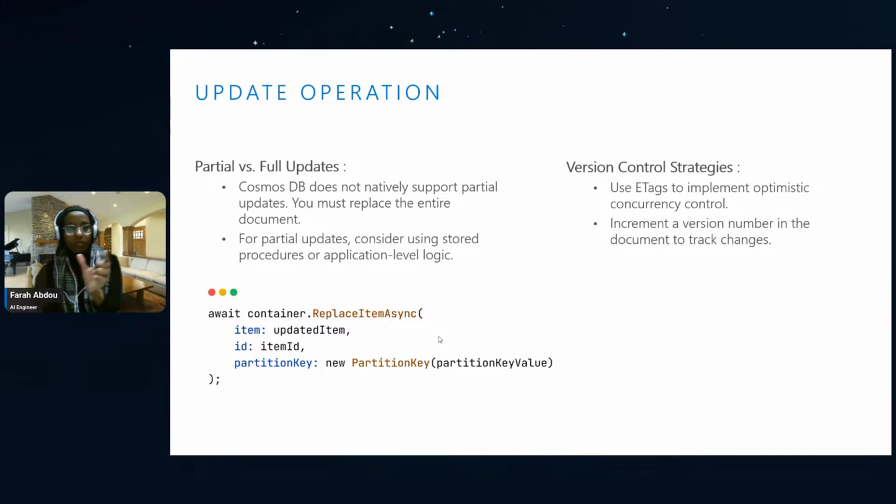For partial updates, we need to consider stored procedures or some application logic, and we will do this today, of course. For version control strategies, we will use ETags to implement optimistic concurrency control, and we will increment a version number in the document to track these changes.